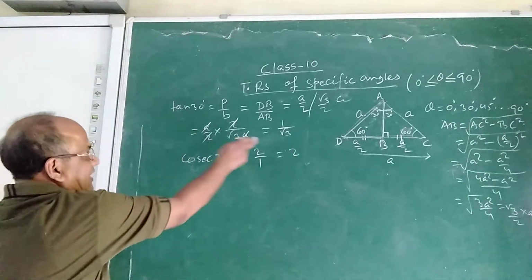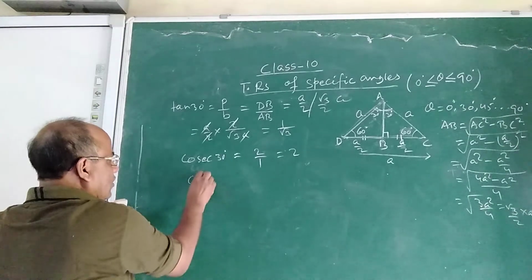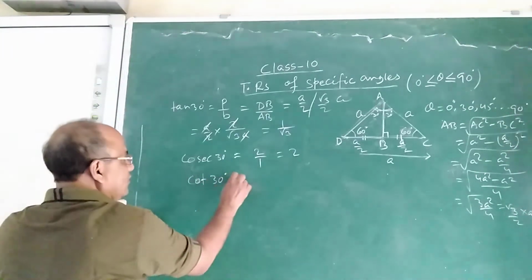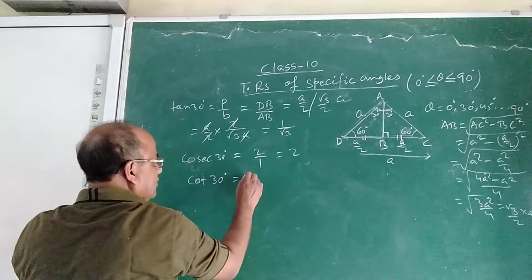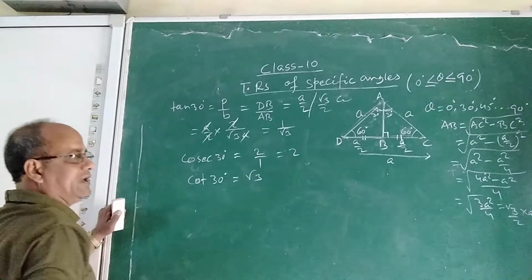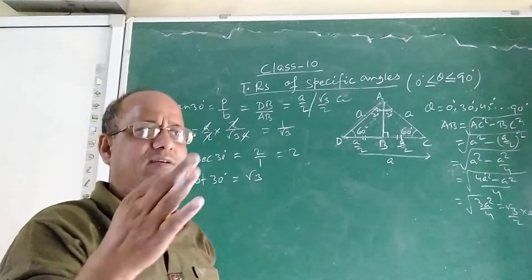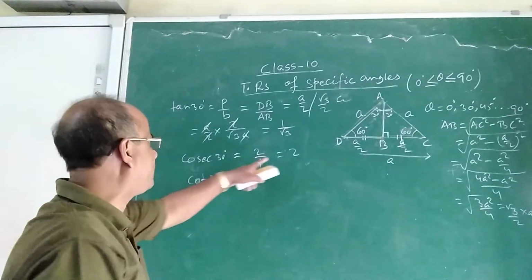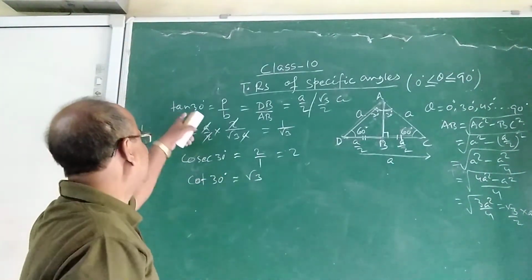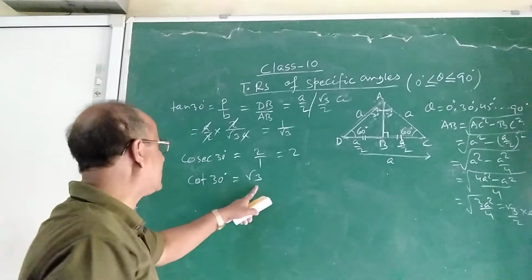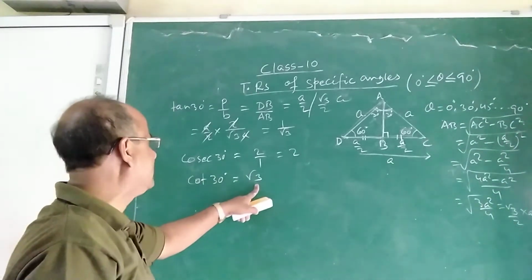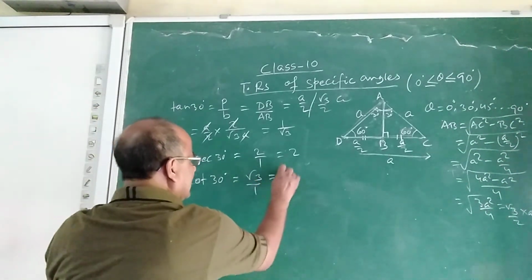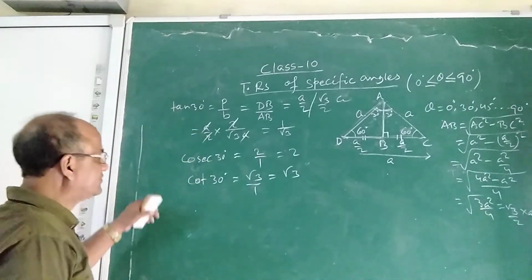Then tan 30 equals 1 by root 3, so what will be cot 30? Cot 30 is the reciprocal of 1 by root 3, it is root 3. So by finding sin, cos, tan, you can find the reciprocals. Sin 30 is 1 by 2, therefore cosec 30 is 2 by 1. Tan 30 is 1 by root 3, therefore cot 30 is root 3 by 1, or root 3, whatever you write.